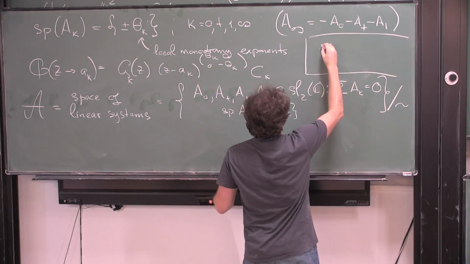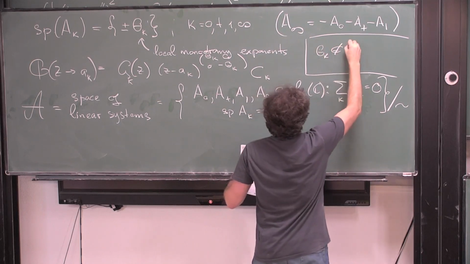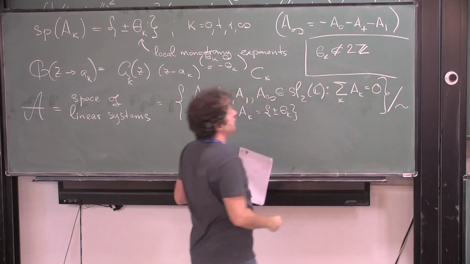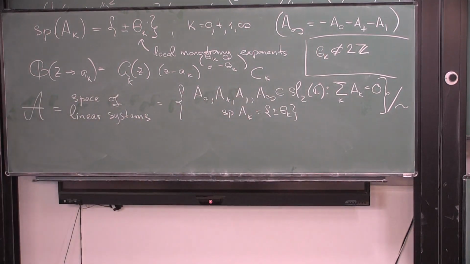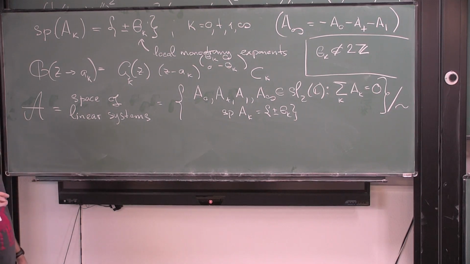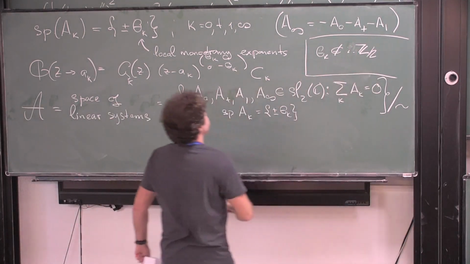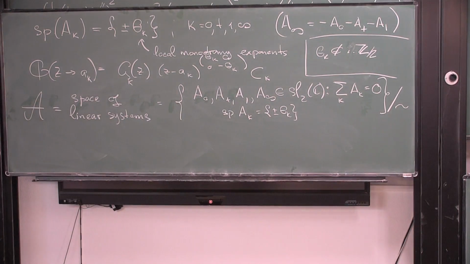It's better to assume that theta_k is not in Z/2, but otherwise these are arbitrary complex numbers. You don't want it to be half integer. Yeah, you are right.